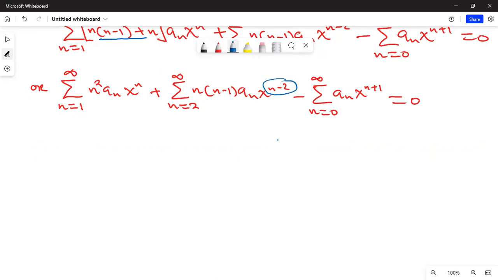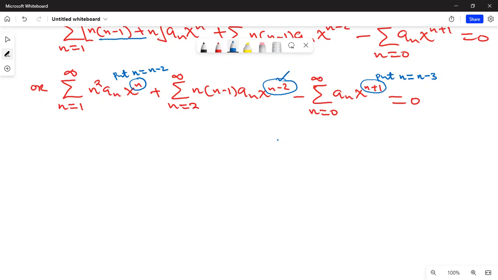What I do, I am going to change this from n plus 1 to n minus 2. So here I have to put, where there is n, I replace n by n minus 3 so that I can get n minus 2. What about here? Instead of n, I want it to be n minus 2. So I'm going to put, where there is n, you put n minus 2 because that's what I want. But you retain this, the lowest power of x.